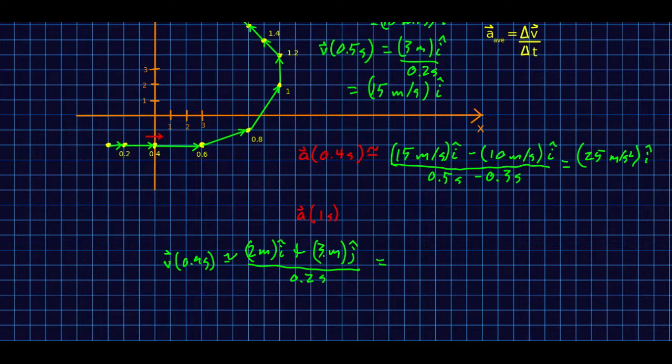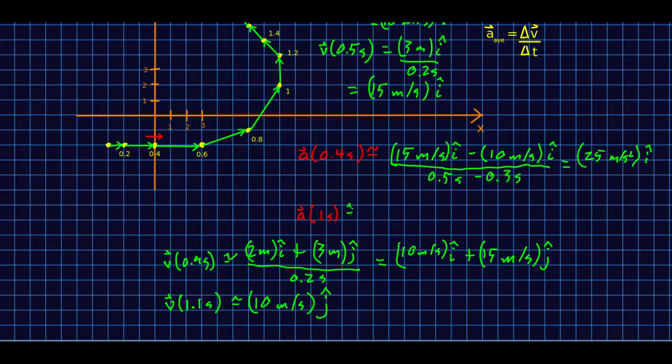Okay, and so that is going to be 10 meters per second in the x direction and 15 meters per second in the y direction. And if you look at that v at 1.1 seconds, halfway through this time interval, hopefully you can convince yourself that it is just 10 meters per second. I'll leave you to calculate this in the positive y direction.